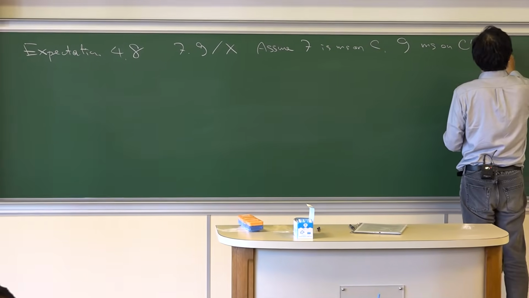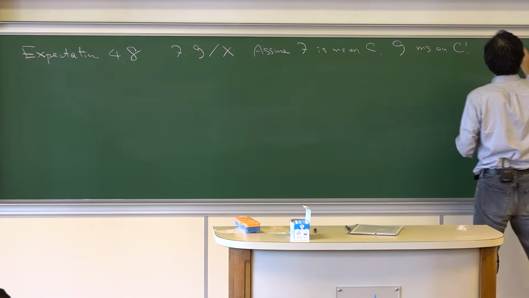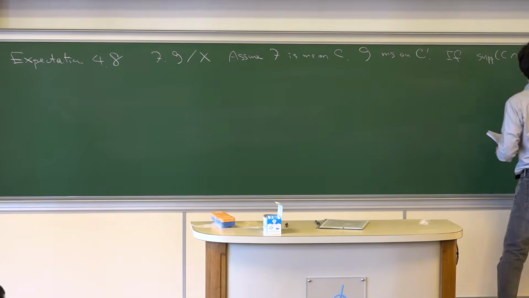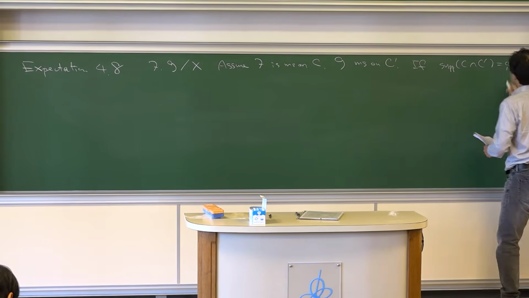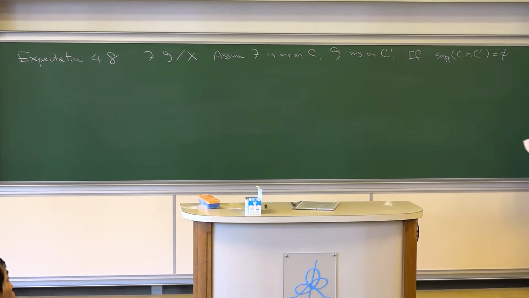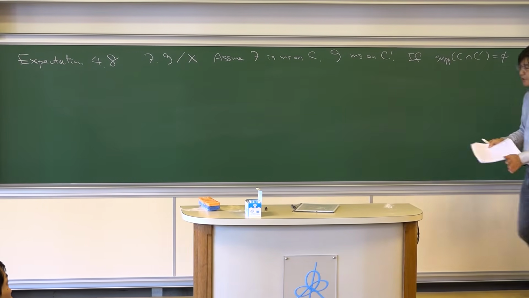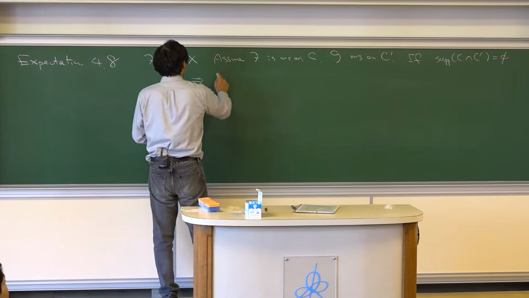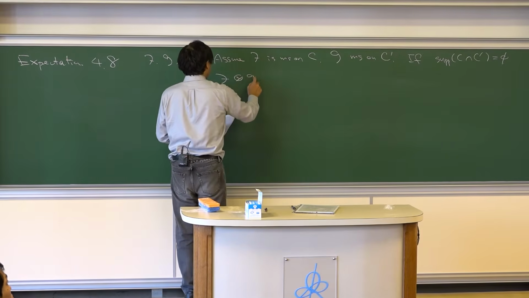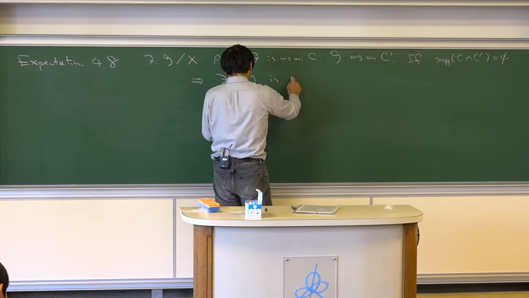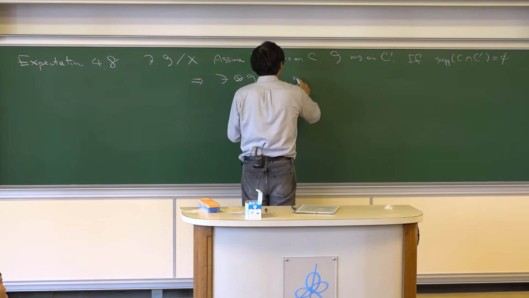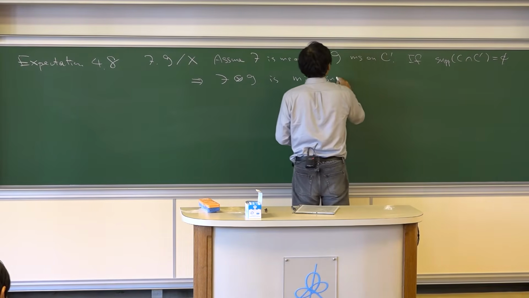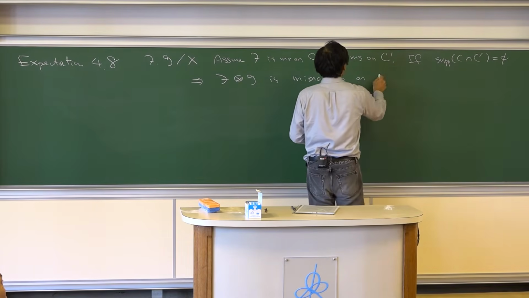And if the intersection of the supports is empty, so if they are micro-supported in different directions, then the tensor product is micro-supported on the sum.